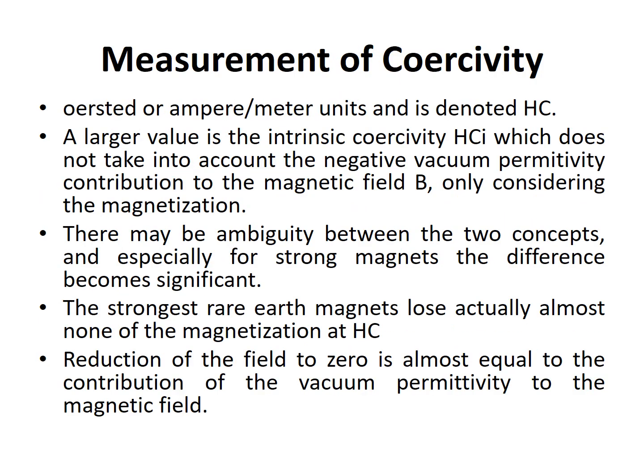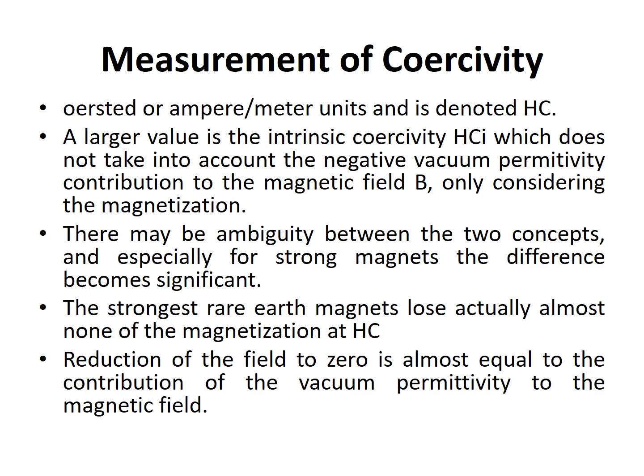Measurement of coercivity. Coercivity is usually measured in Oersted or amperes per meter, and its unit is denoted by Hc. A large value in intrinsic coercivity does not take into account the negative vacuum permittivity contribution to the magnetic field, only considering the magnetization.